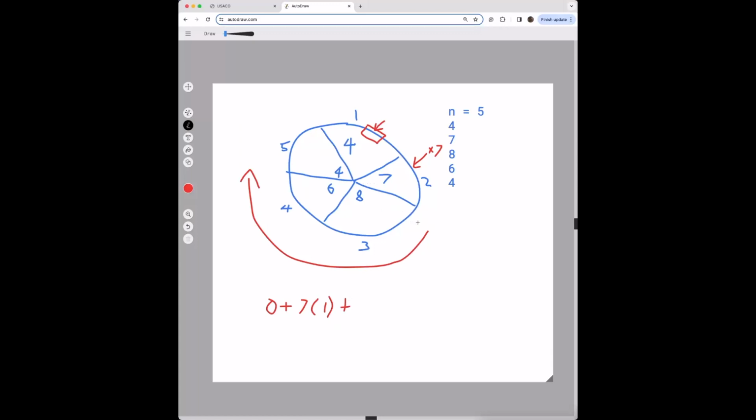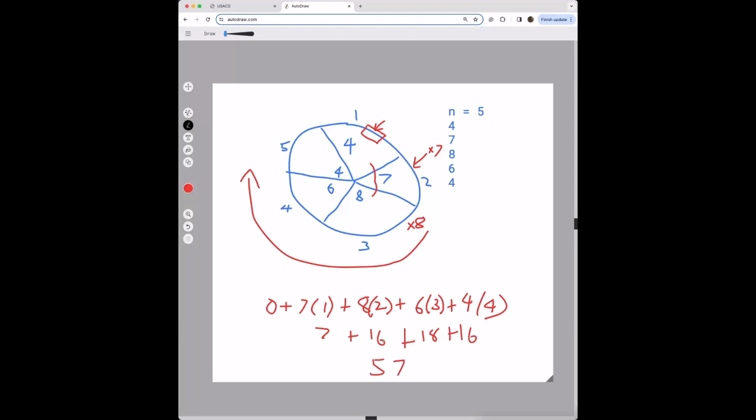And then in the third room, we need 8 cows, and they're going to be traveling 2 distance because they go 1 and then 2. So it's 8 times 2. And then that continues. So what we get here is 7 plus 16 plus, and that will give us 57.